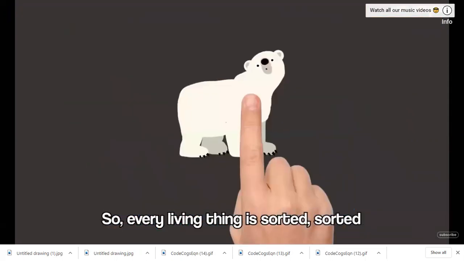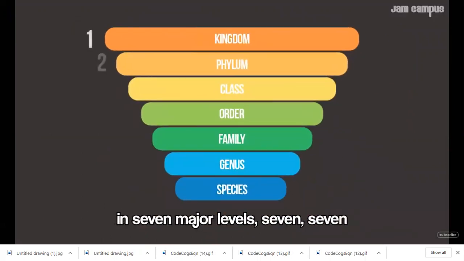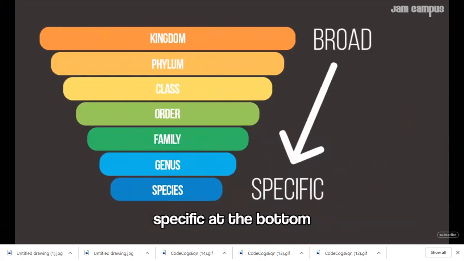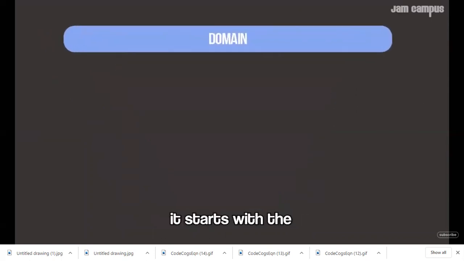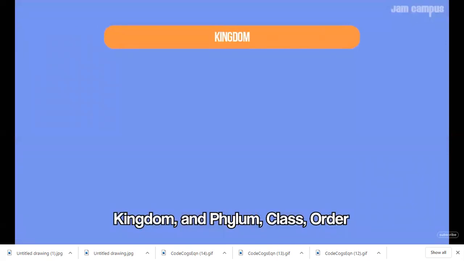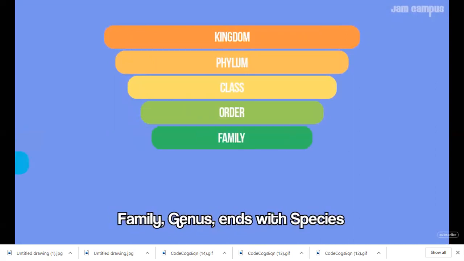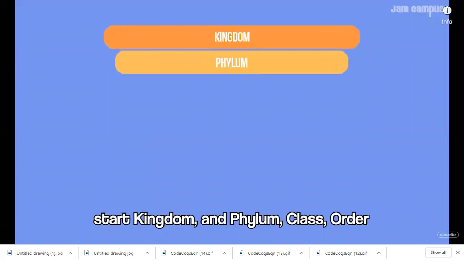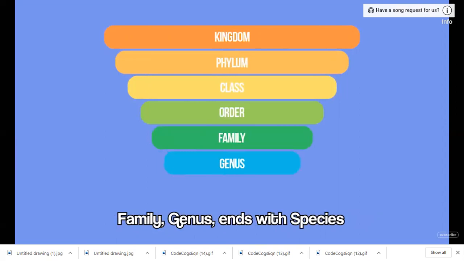So every living thing is sorted in 7 major levels, 7, and at the top, starting by specific at the bottom, the domain, right is rank, it stops with the kingdom, and phylum, class, order, then the genus and the species, kingdom, in phylum, class, order, then the genus and the species.